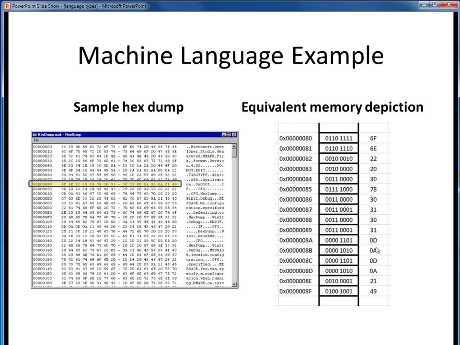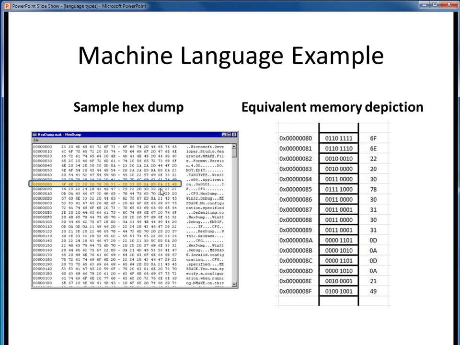On the right side, we can see the equivalent memory depiction of the shaded row of the hex dump on the left. As you might recall from a previous lecture module, this diagram represents the linear memory model. I drew this up in Excel myself for a bit more clarity. On the left, we see each of the 16 hex memory addresses clearly labeled, and in the middle are the binary equivalents of each of the pieces of hex data in the shaded row on the left.